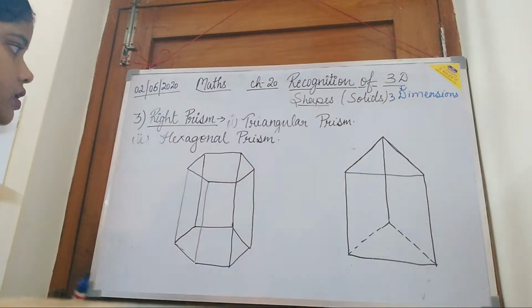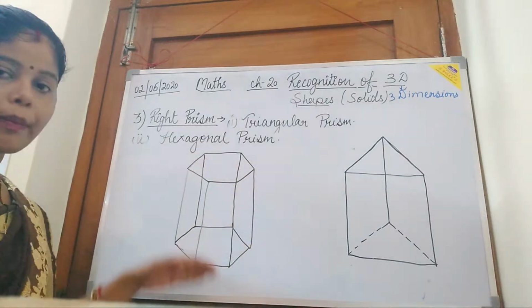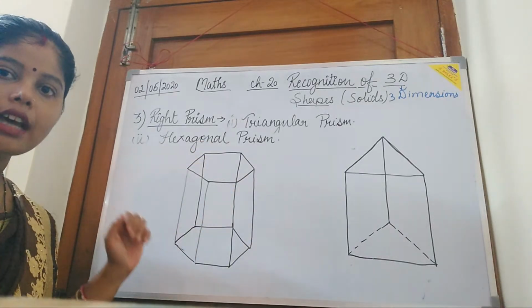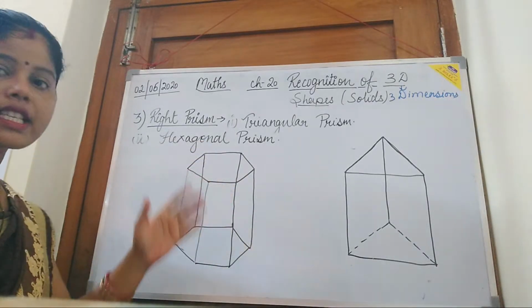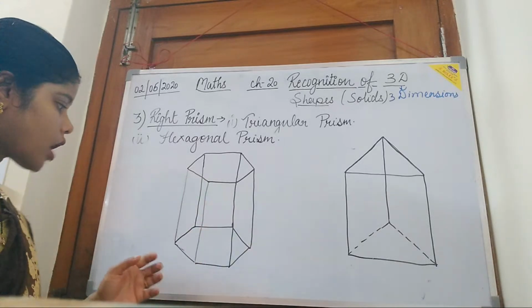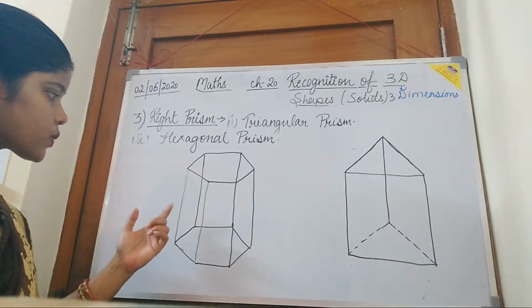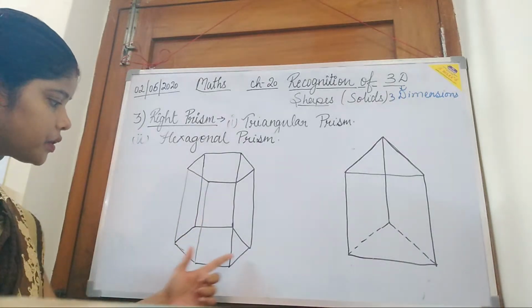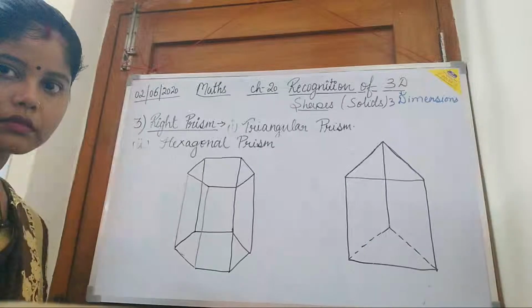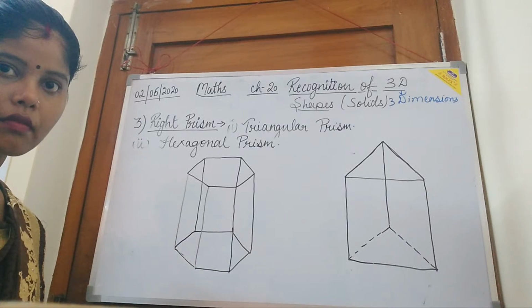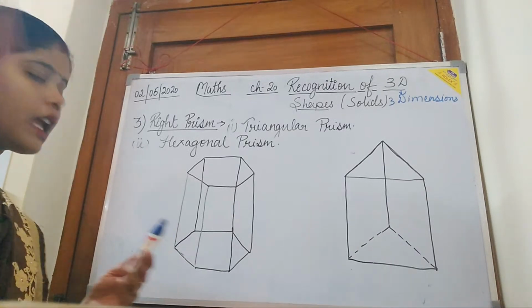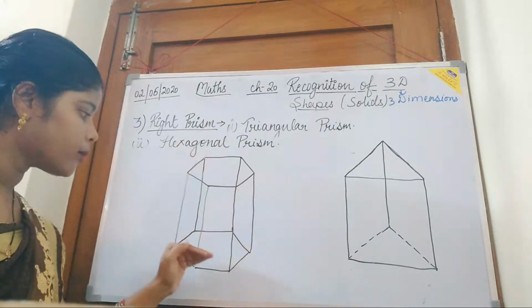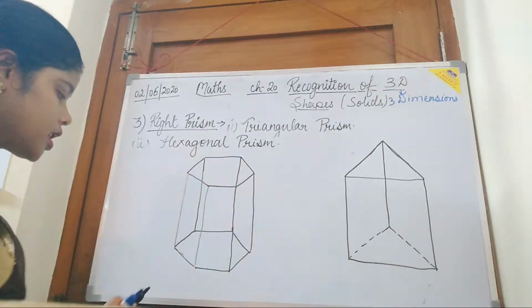So it also has top and bottom faces as a hexagon and other faces as rectangles. How many rectangular faces do we have? One according to each base side: 1, 2, 3, 4, 5, 6. So here we have two faces, top and bottom, as a hexagon.